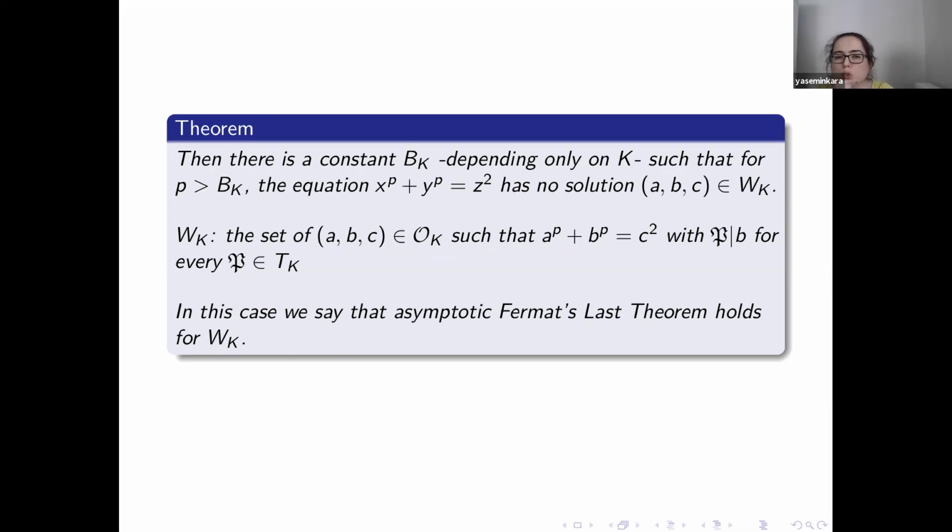So these are the solutions of the form (a, b, c) such that this beta, where this T is again a subset of this S. Remember, we defined a set S. This T was a subset of this S, such that the primes in this set divide b. So we were able to prove that we do not have solutions of this type (a, b, c), where this beta divides b.